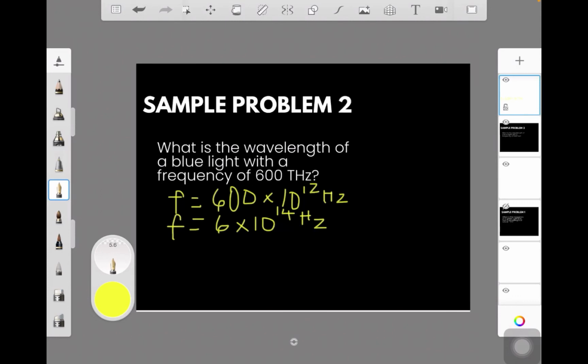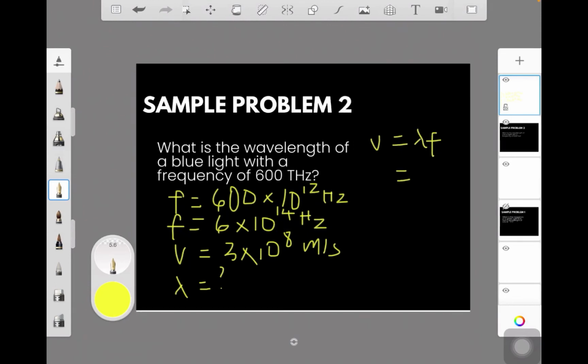Now, again, it's not indicated here, but we know that the speed of light is 3 times 10 raised to 8 meter per second. And since we are looking for the wavelength, we have to look for the formula, or we have to derive the formula. V is equal to lambda times frequency.